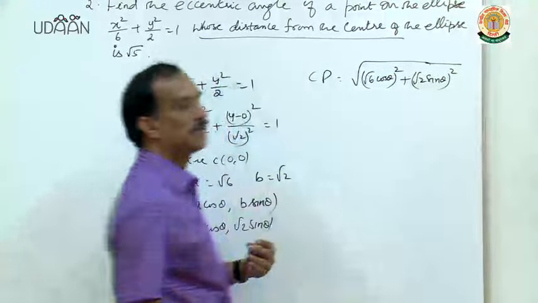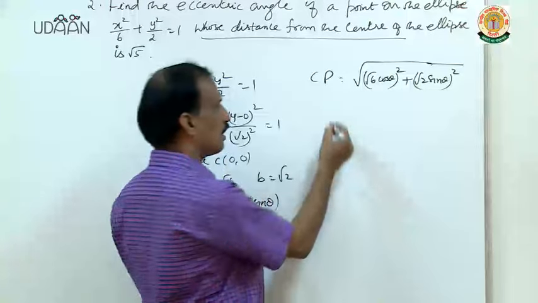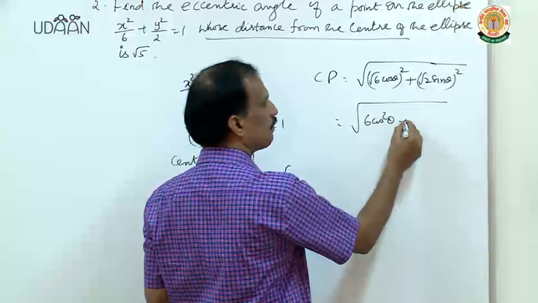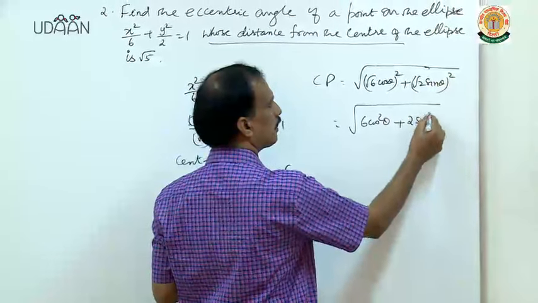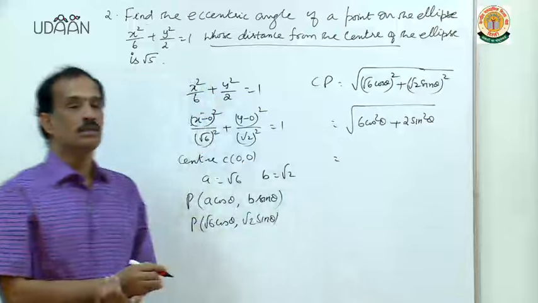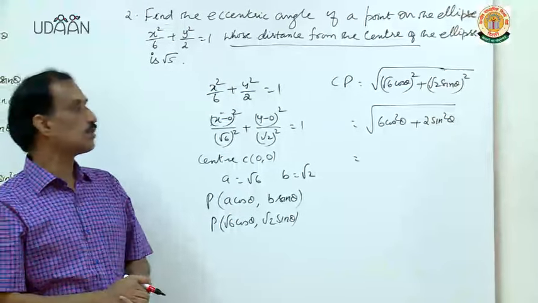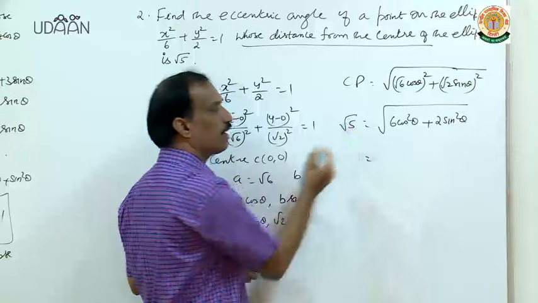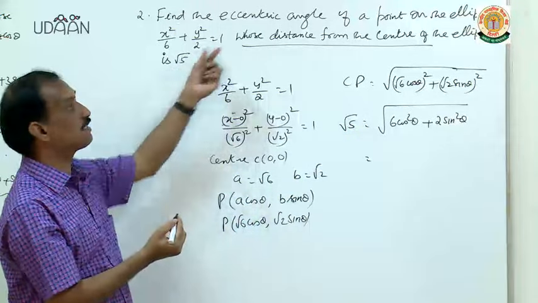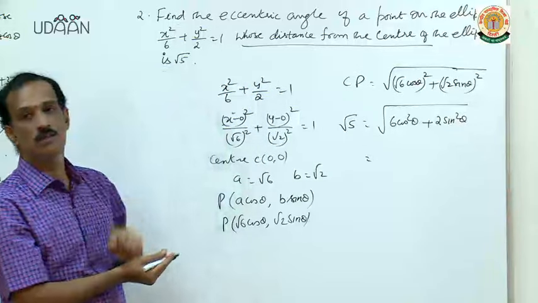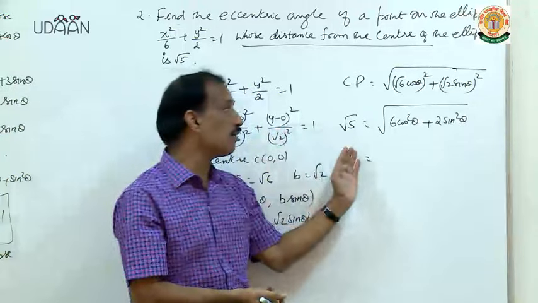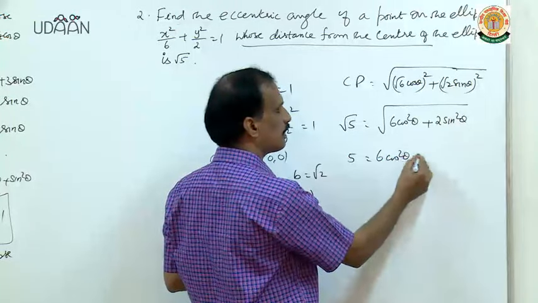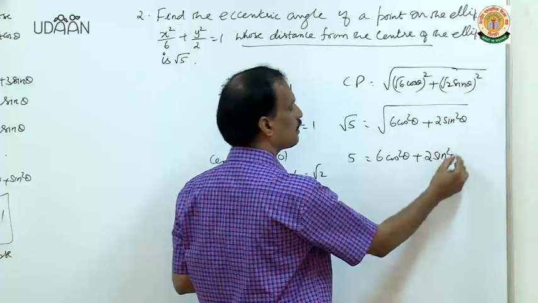So opening this, you get 6 cos squared theta plus 2 sin squared theta, which equals root 5 because the distance from the center of the ellipse is root 5. Therefore 5 equals 6 cos squared theta plus 2 sin squared theta.